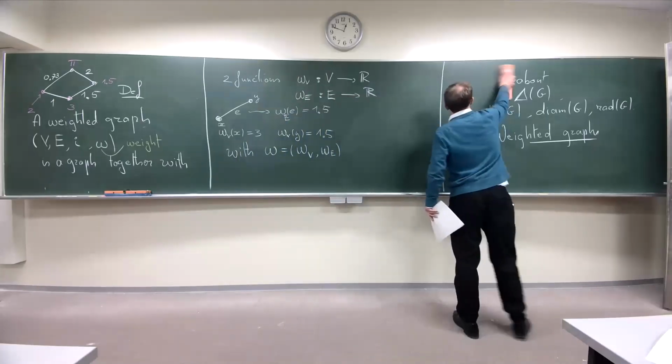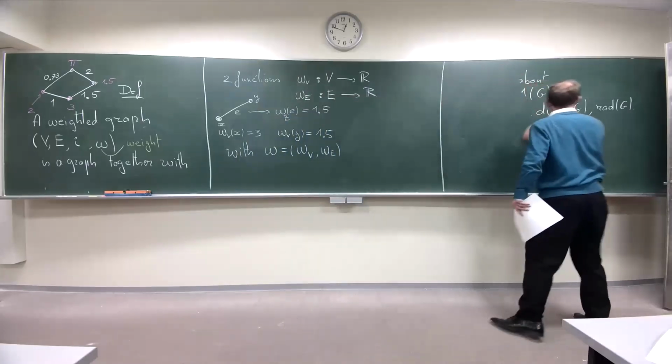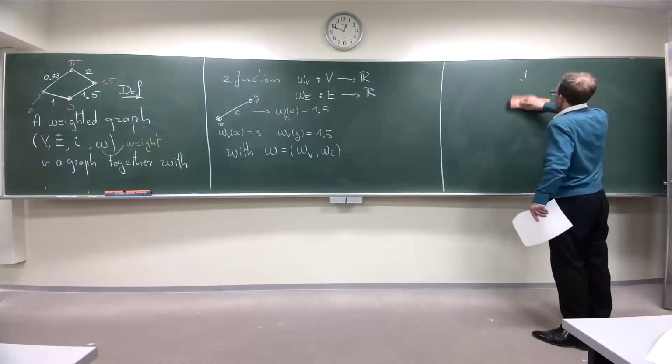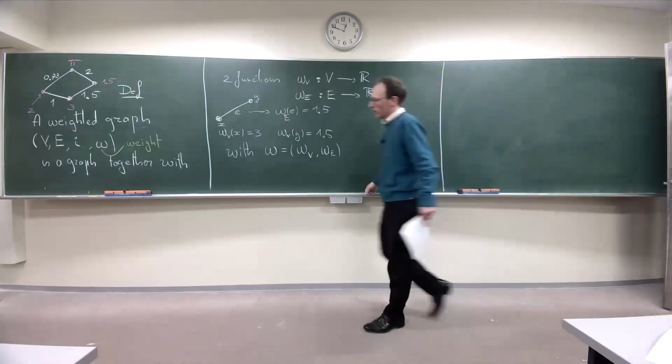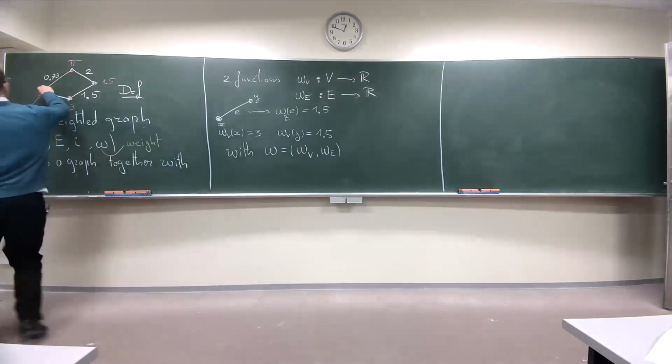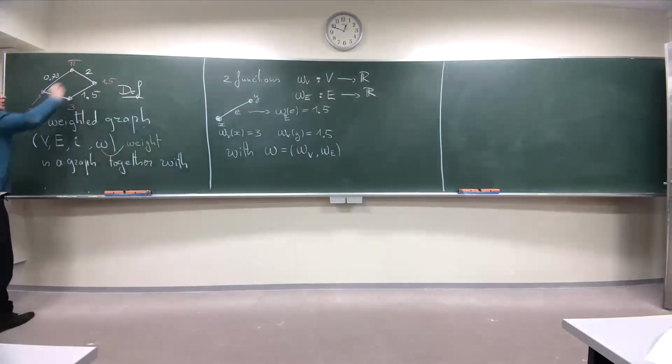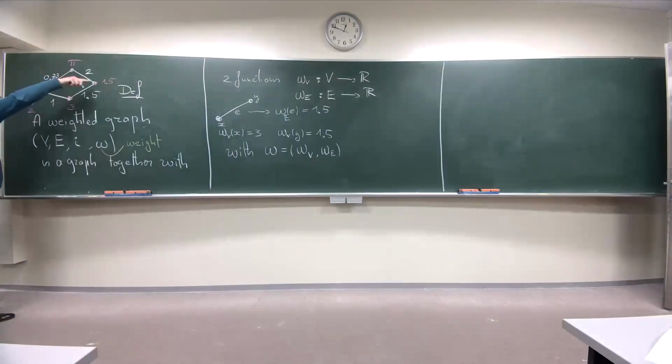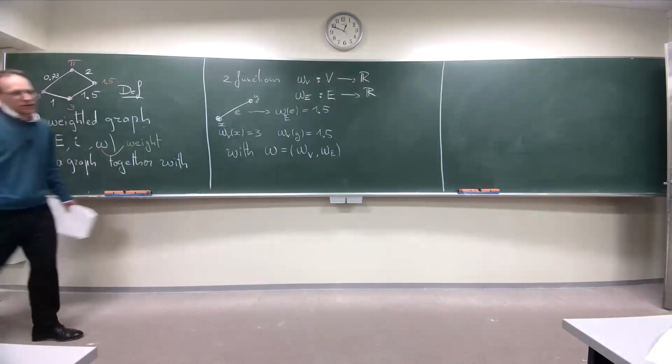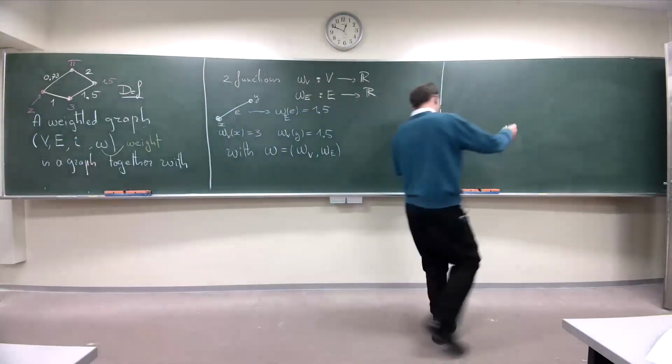But now you have a natural question. Before, I defined the length of, let's say, a walk or a path, just by adding the number of edges. Now you can do something else. Oh, I want to minimize, let's say, the sum of the weights on edges. And this is exactly what happens in application.